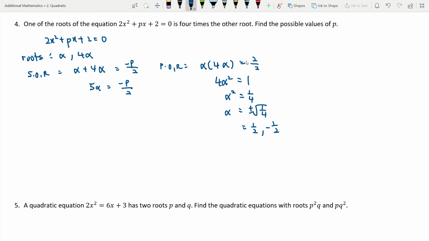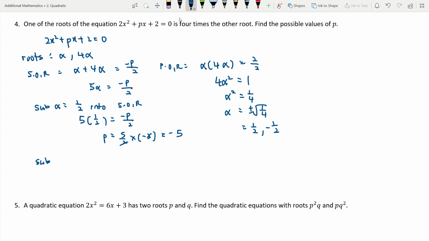Then we continue over here. We substitute alpha equal to 1 over 2 into the sum of roots. We get 5 multiplied with half is equal to negative p over 2. P is equal to 5 over 2 multiplied with negative 2, and p is equal to negative 5.